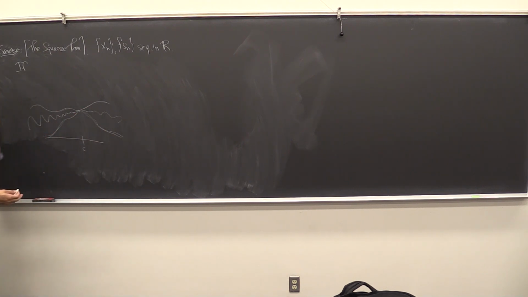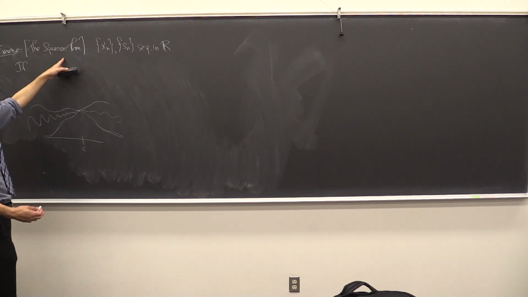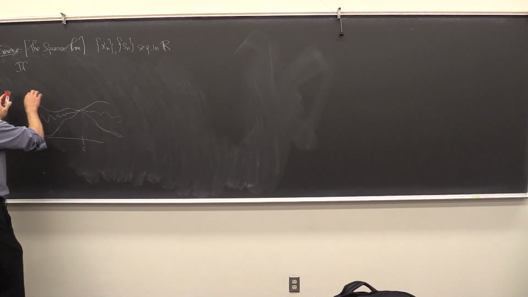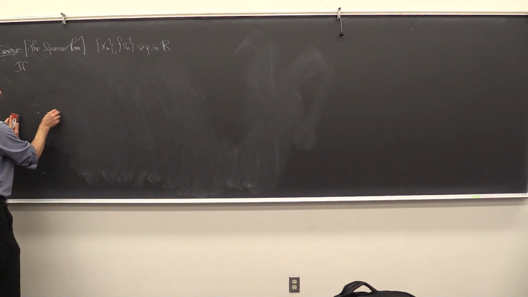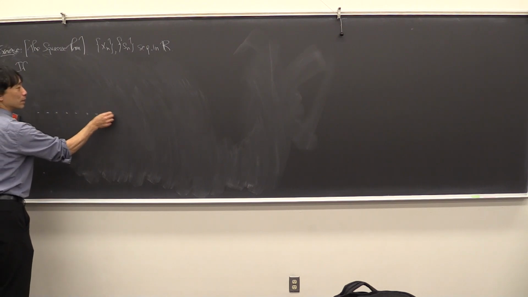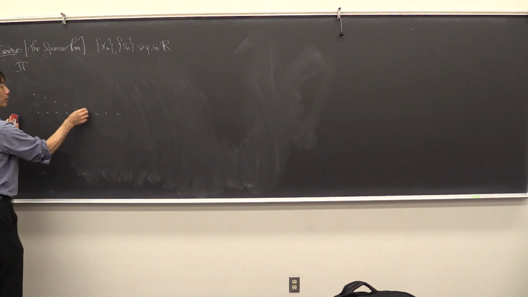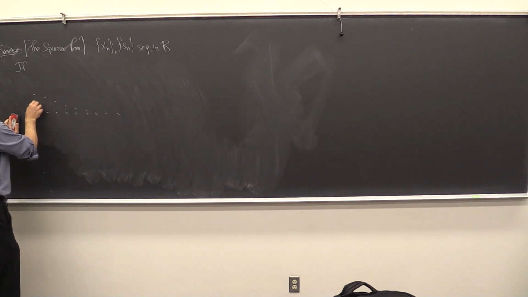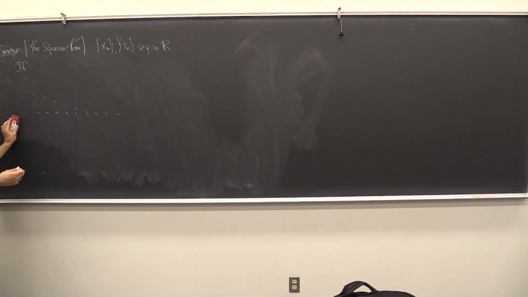Okay, so that's kind of intuitive. So there's a sequence analog of that. We'll just do a very simple one where the lower sequence is just the zero sequence, and then the upper sequence goes down to zero, and so a third sequence that's trapped between will also have to go to zero.